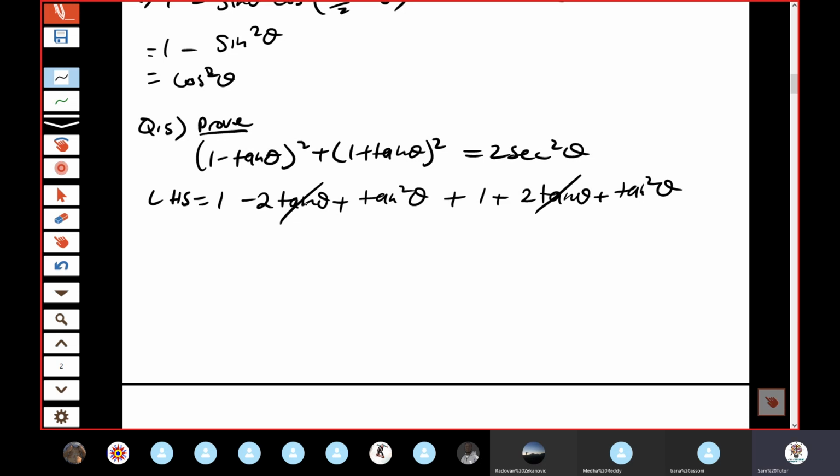The 2 tan terms cancel. One plus one is 2, plus 2 tan squared.